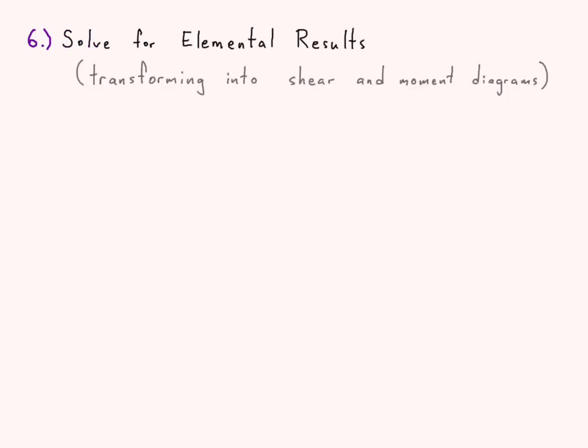Alright, so one last part, which is how do we transform those results that we got into shear and moment diagrams? So what we do is we look at the nodal directions, and those are the values that we got directly from the elemental stiffness matrix equations. These are just what's considered positive for the nodal direction.